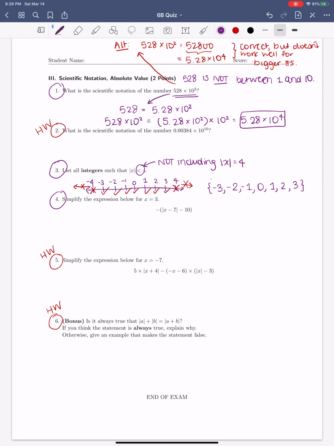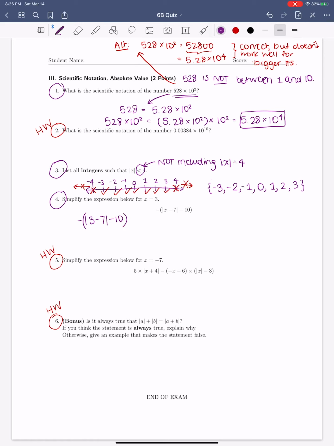Okay, the last question that I'll fully go over is this next one, where we're just simplifying expressions that use absolute value. First things first, I'm just going to put in that number for x. X is equal to 3, so I'll stick that right in. And I'm going to follow PEMDAS.